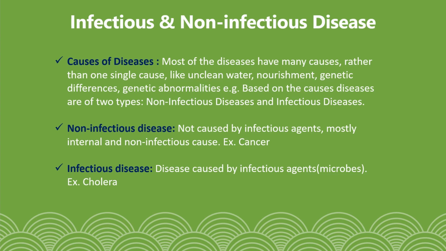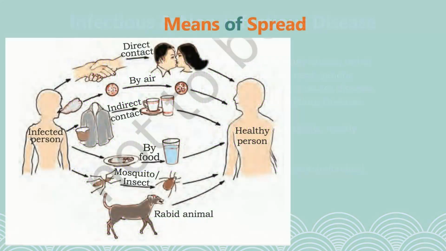So let's see what are the common methods of transmission. The picture depicts very clearly the different modes or means of spreading diseases, especially communicable diseases. First one is direct contact. Direct contact means handshaking, hugging, kissing.